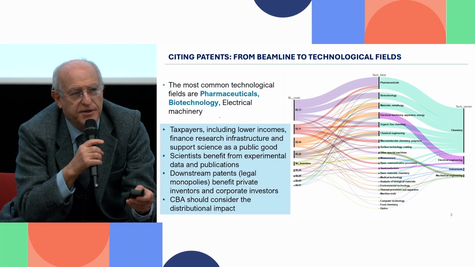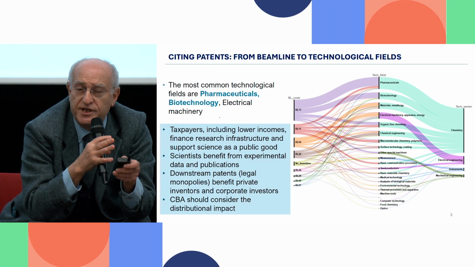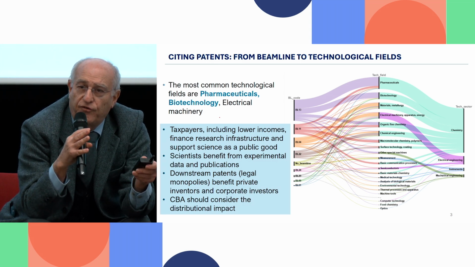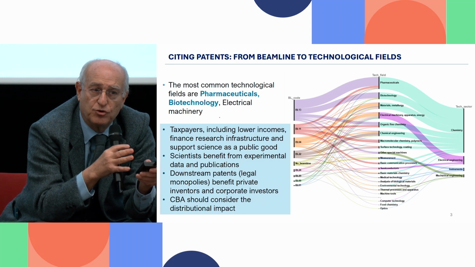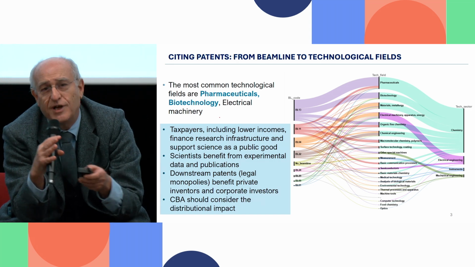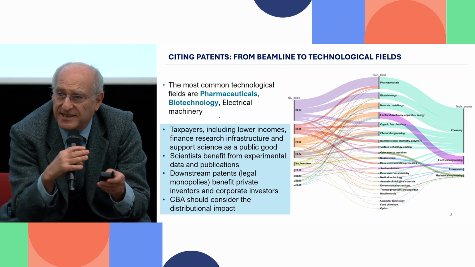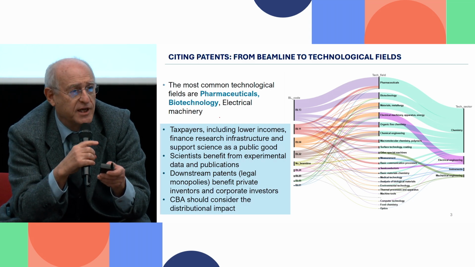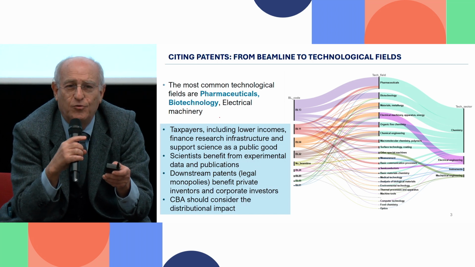One of the most important fields where there is this flow of knowledge going from the research infrastructure to the publications, to the other publications citing those publications, and in the end patents, is the pharmaceutical industry. And what is a patent?